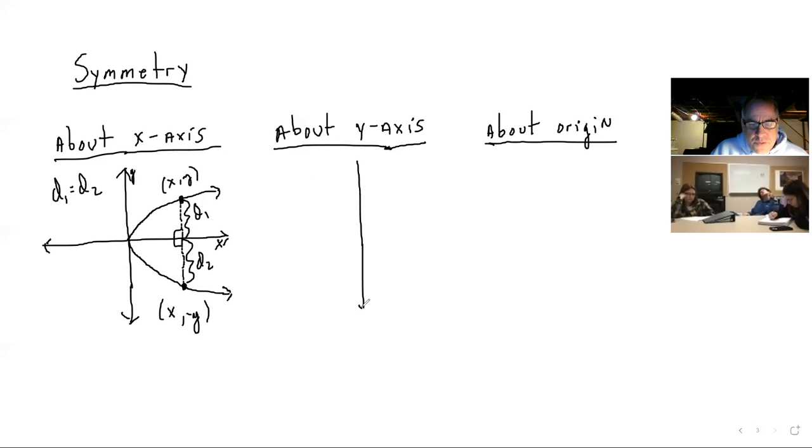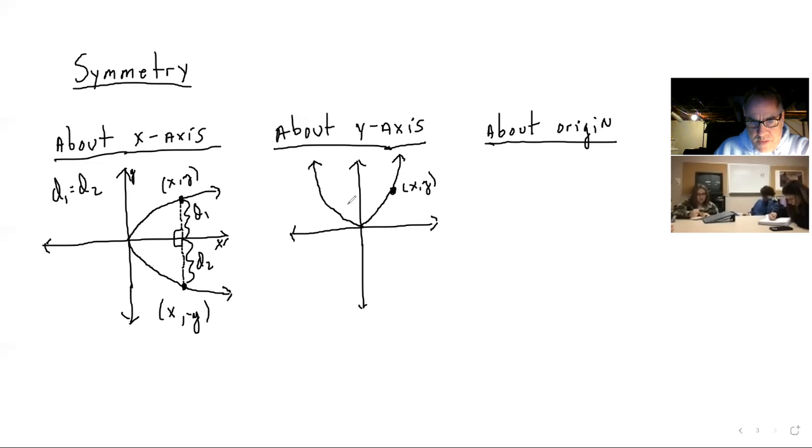So then going to look at symmetry about the y-axis. I'm going to draw an example, something that looks symmetrical about the y-axis. It's going to be the same kind of argument. I can pick a point here and I can find a mirrored image point on the other side of the y-axis.